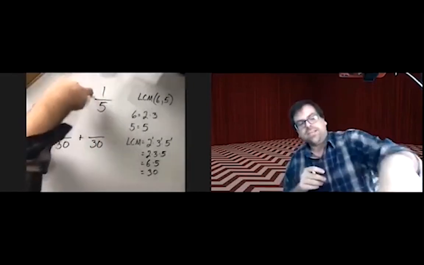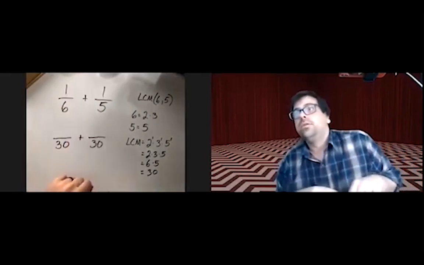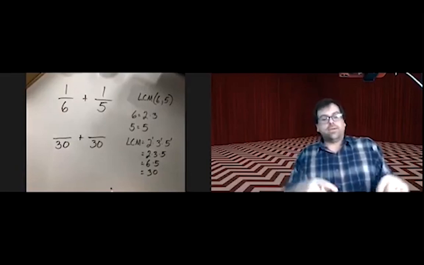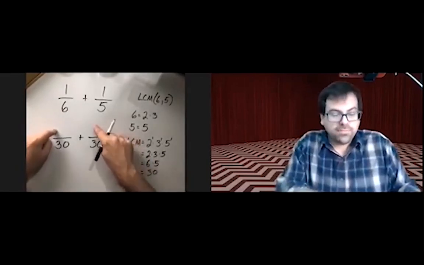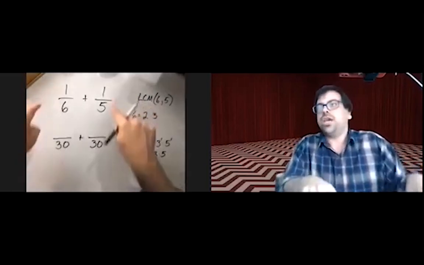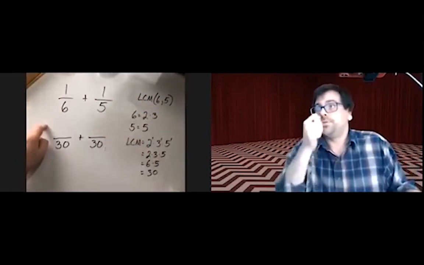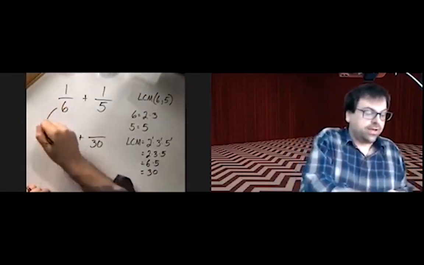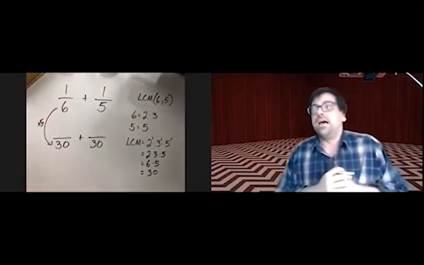We don't just bring these ones down. It's not 1/30 plus 1/30. Neither of these is going to be 1 because we have to change the bottom numbers, which means we have to change the top numbers. How do we go from 6 to 30? That's times 5.